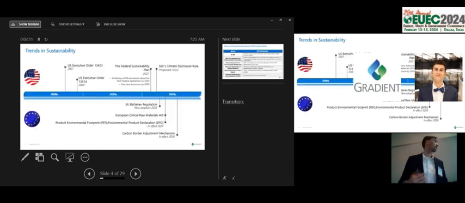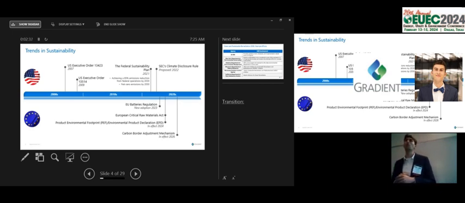So this is where we're coming from, right? In the United States, we've been a little slower, but even starting back in the late 2000s, there's been executive orders putting sustainability at the forefront of federal processes. More recently, there's been a federal sustainability plan, which looked to set limits and targets for net zero emissions.